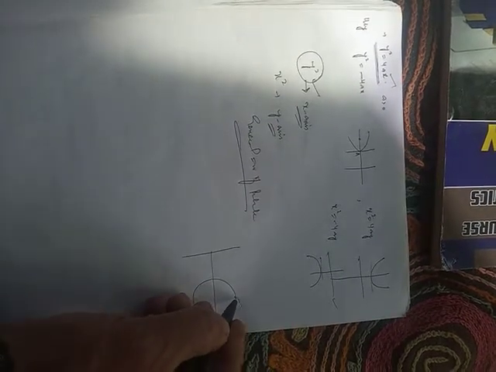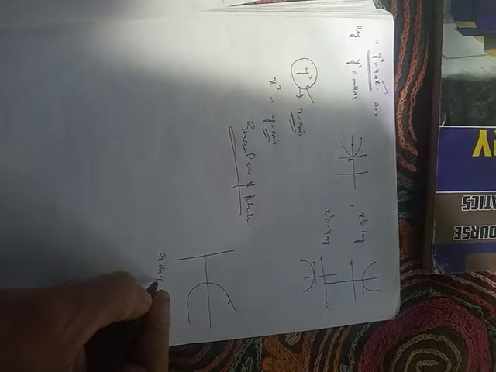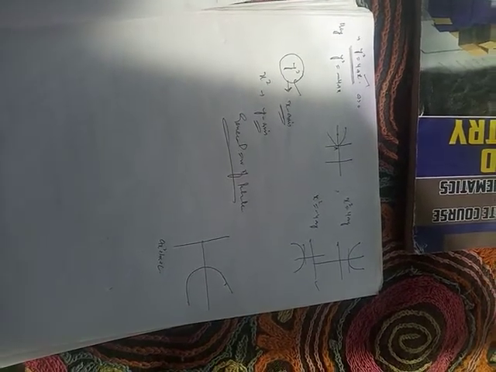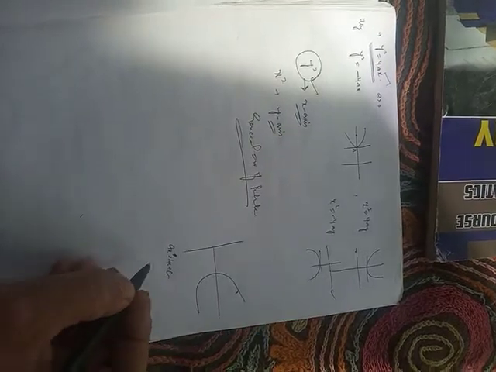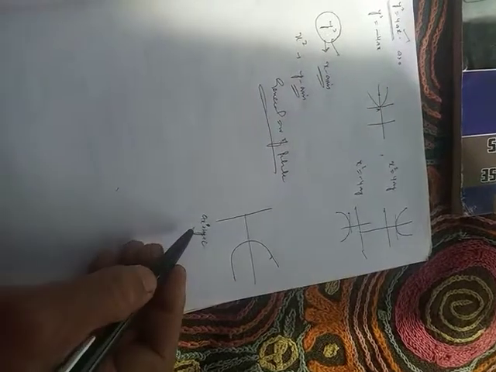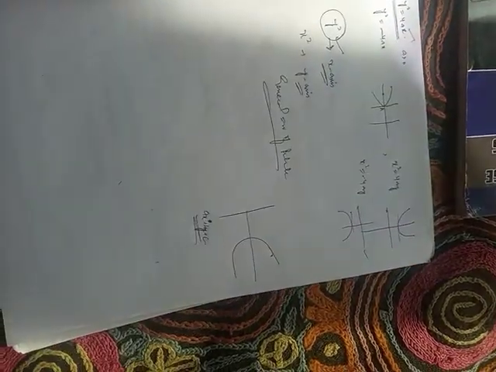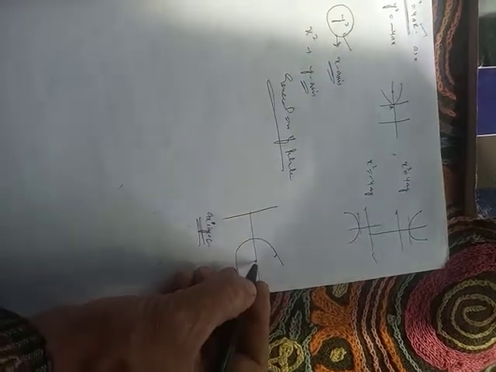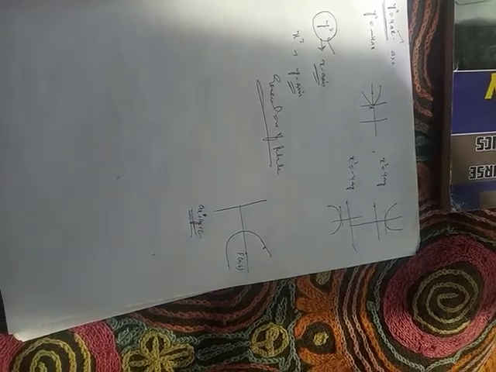We will take the equation of the directrix as ax plus by plus c, a straight line. So let's take this as the equation of the directrix, and let F(a, b) be the coordinates of the focus.